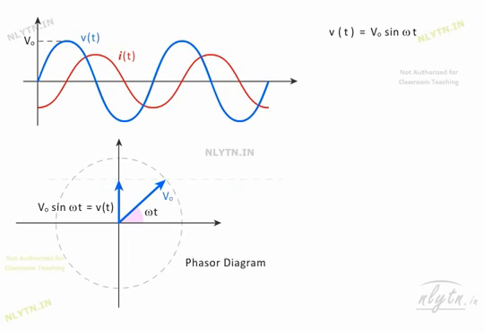This is called a phasor diagram. Here length of this vector is equal to the amplitude of voltage, and it rotates about origin with constant angular velocity equal to omega.